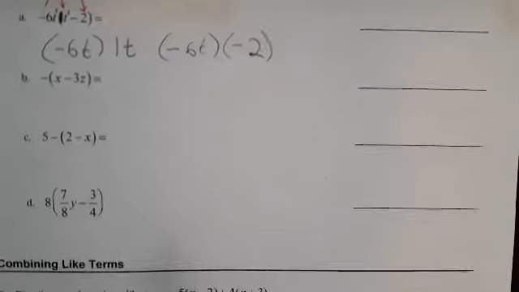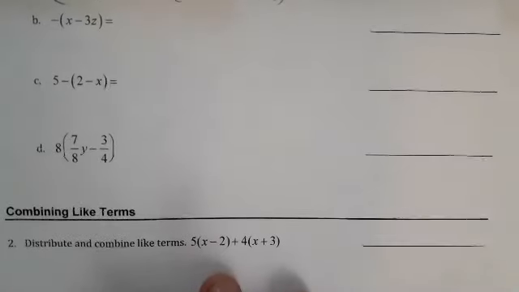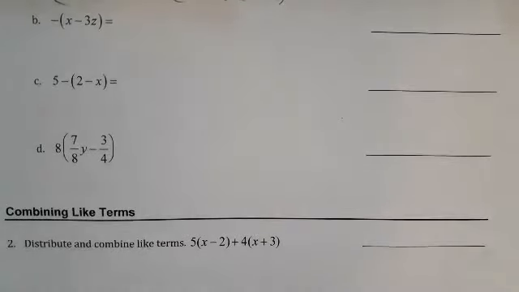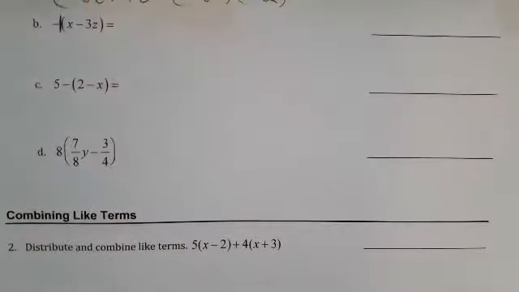If we look at this thing, we have a negative on the outside, we have an x, and we have a minus 3z. If you have to write a number here, and I think I did this in the previous notes, this is going to be a minus 1. So we can multiply minus 1 by both of these entries.